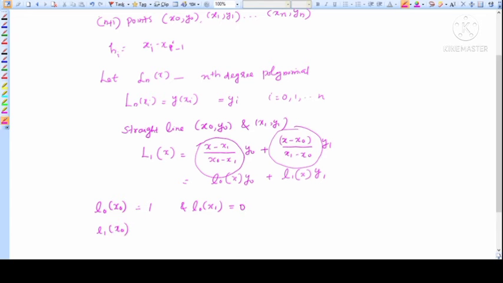L1 of x0 is 0 and L1 of x1 is equal to 1.